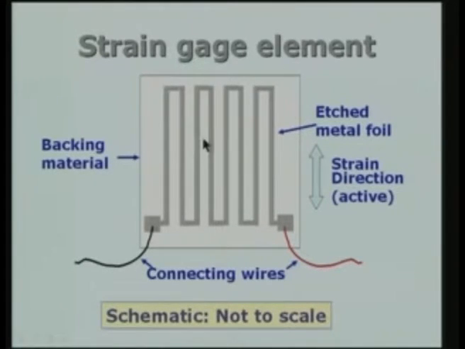If, however, we were to apply a strain in the direction perpendicular to the straight segments, that means in the other, normal direction, the strain gauge is not going to respond, and therefore that will be called the inactive direction. So, basically, the strain has to be in a direction which is coincident with the arrows shown here.